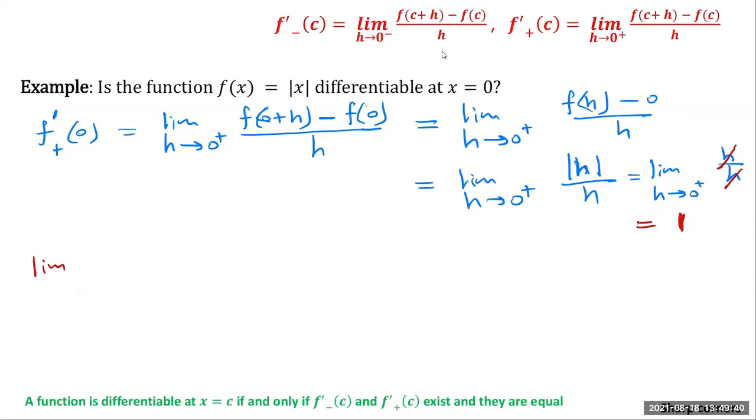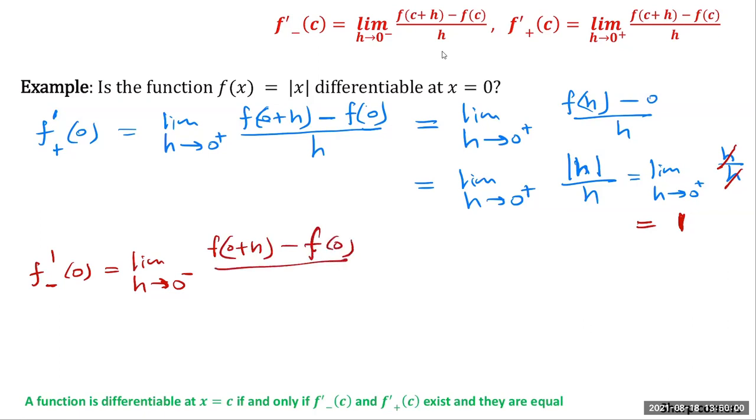Let me write the notation first. f prime minus of 0 is equal to the limit as h approaches 0 from the left-hand side of f of 0 plus h minus f of 0, divided by h. Let's simplify this. This is equal to the limit as h approaches 0 from the left-hand side.